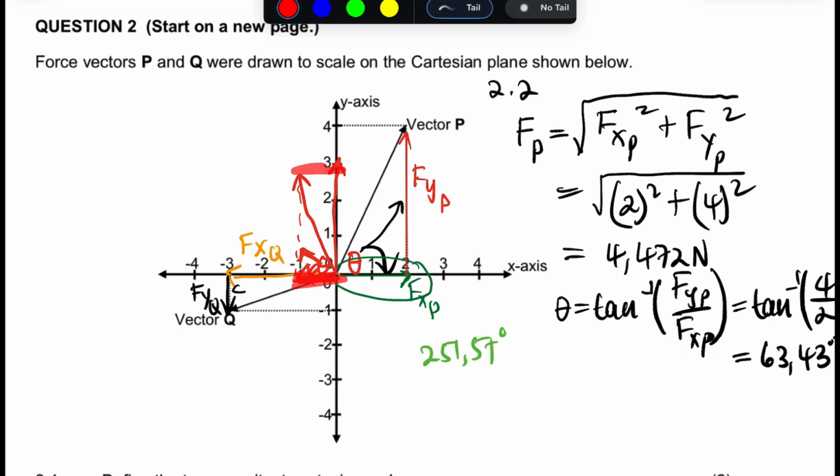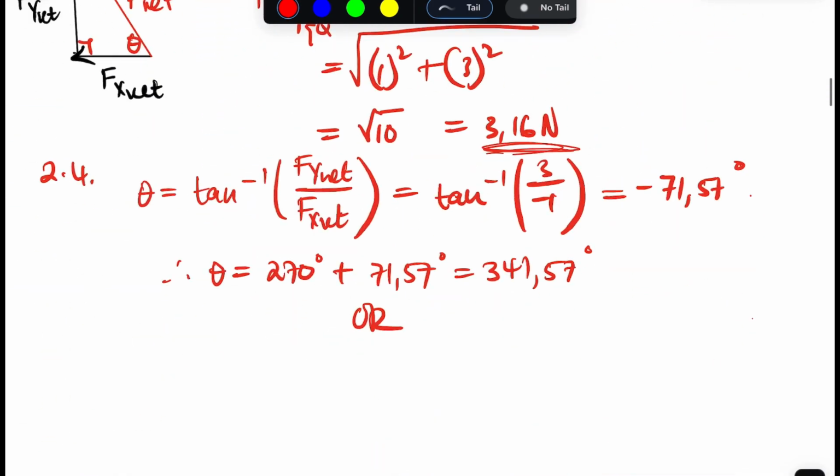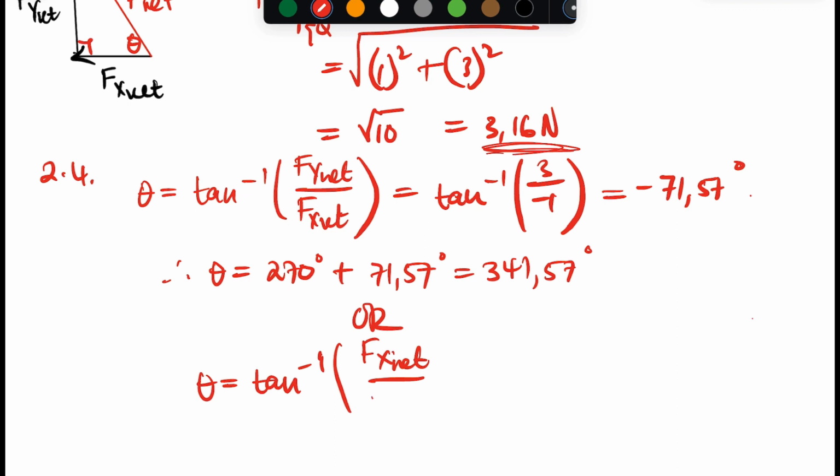Now calculating this angle, you have your x there. You have opposite over adjacent, so your tan theta is Fx net divided by Fy net.